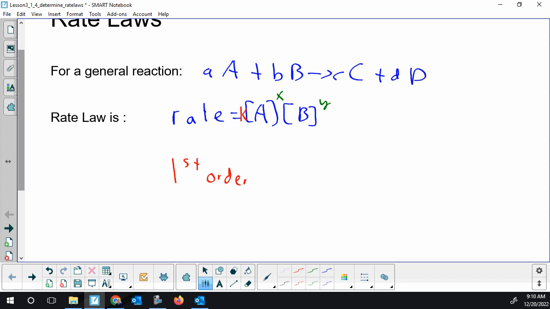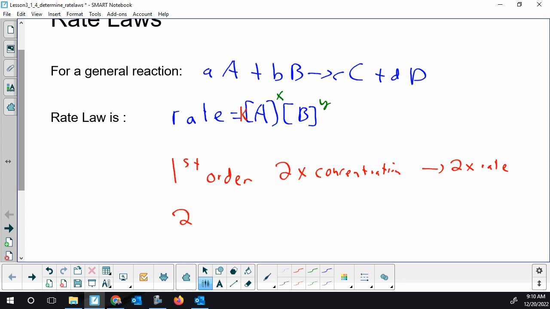If something is first order, an individual chemical, and you 2x the concentration, that will 2x the rate if it's first order, 2 to the power of 1. This is what we're going to have to start looking for when we flip to the next slide.